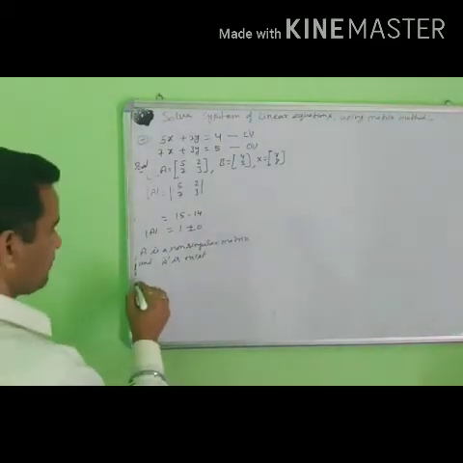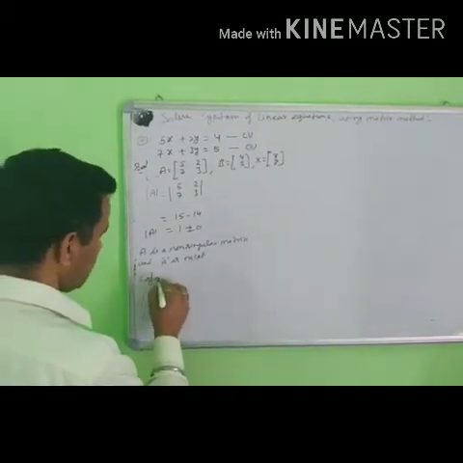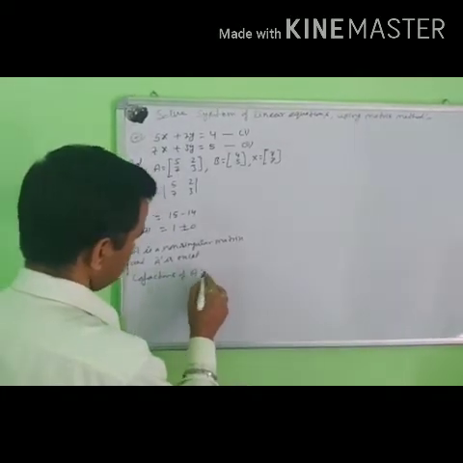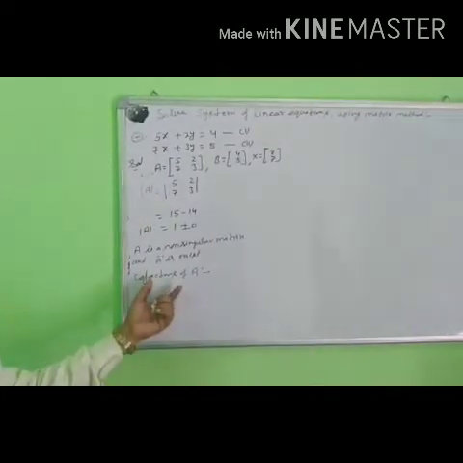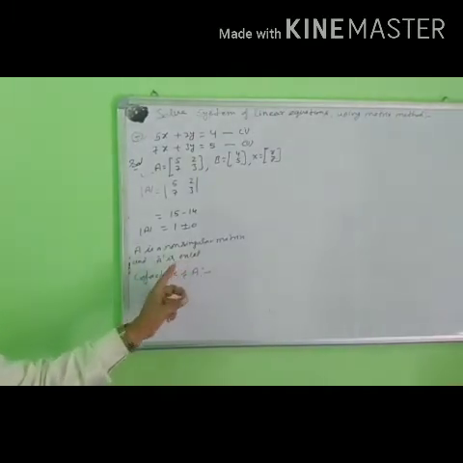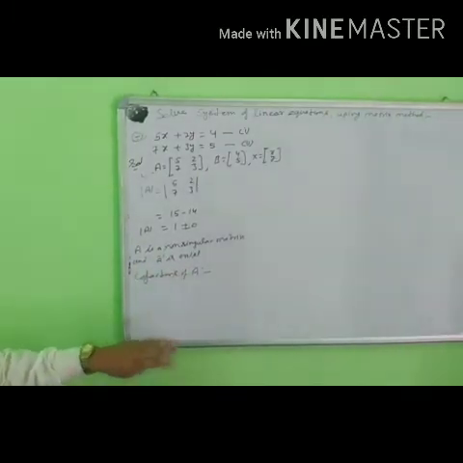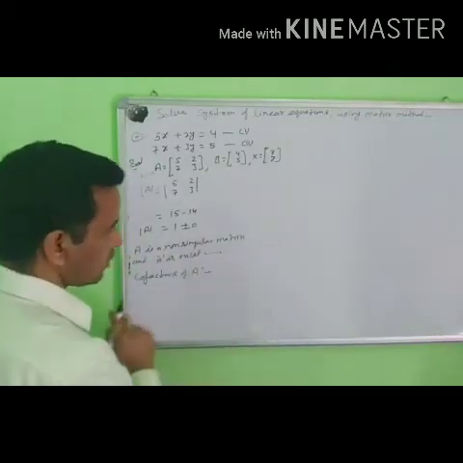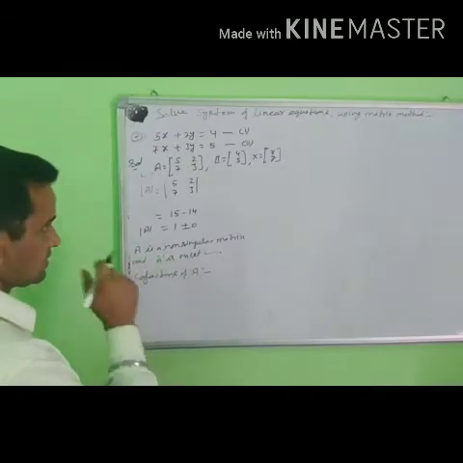Now, cofactors of matrix A. This process starts only when the inverse exists. Suppose it does not exist, then don't start further work. If it exists, then further work starts.